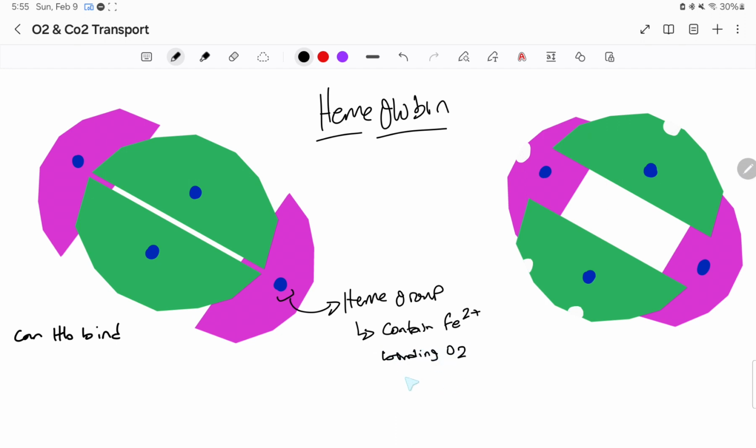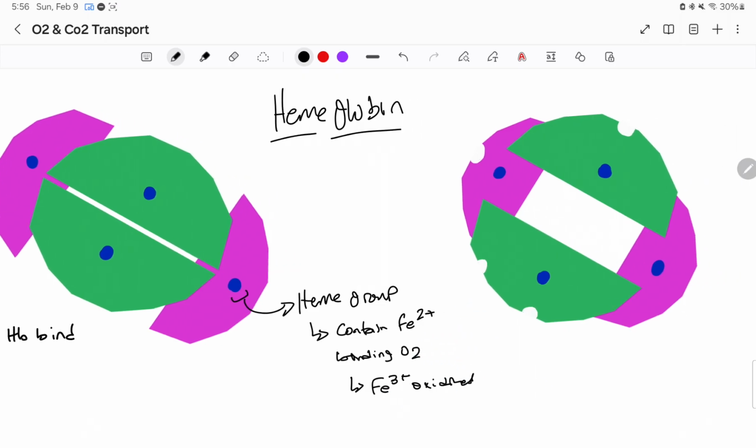And then after binding the oxygen, it'll oxidize the iron into a 3+ state, but that's neither here nor there. Really though, all I want you to know is that in this drawing, this blue dot is the iron-containing heme group, and the iron is in this 2+ state. Once oxygen binds, it turns into a 3+ state, because it oxidizes it.